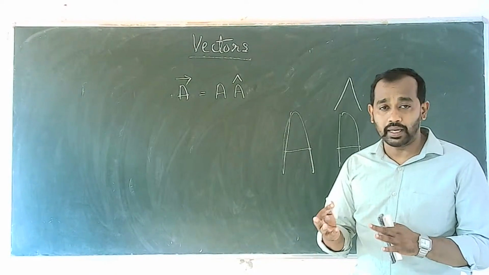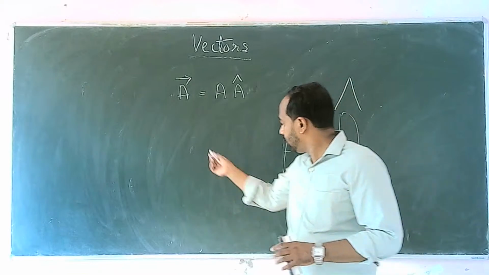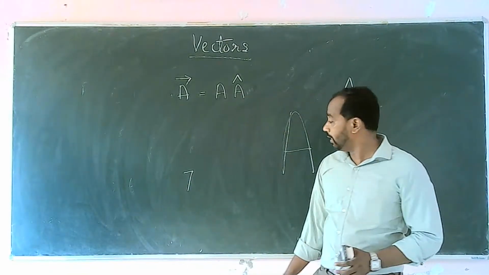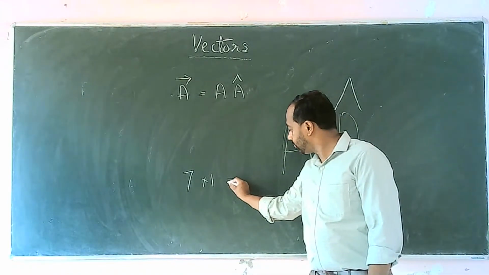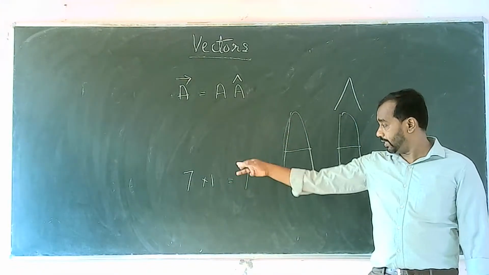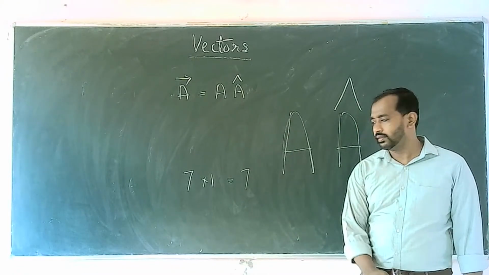We know that if you multiply anything with 1, for example, I will take an example of two numbers. If you multiply 7 with 1, what will be the answer? The same thing, 7 is 7. If you multiply 100 with 1, the answer will be 100.